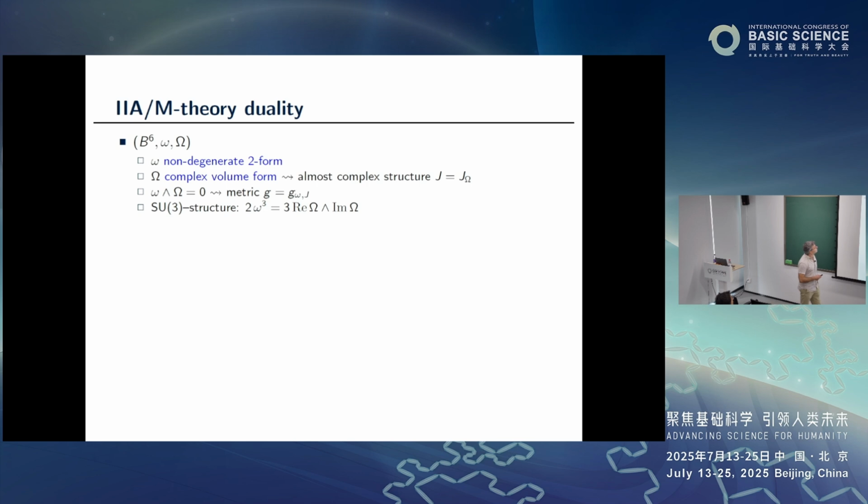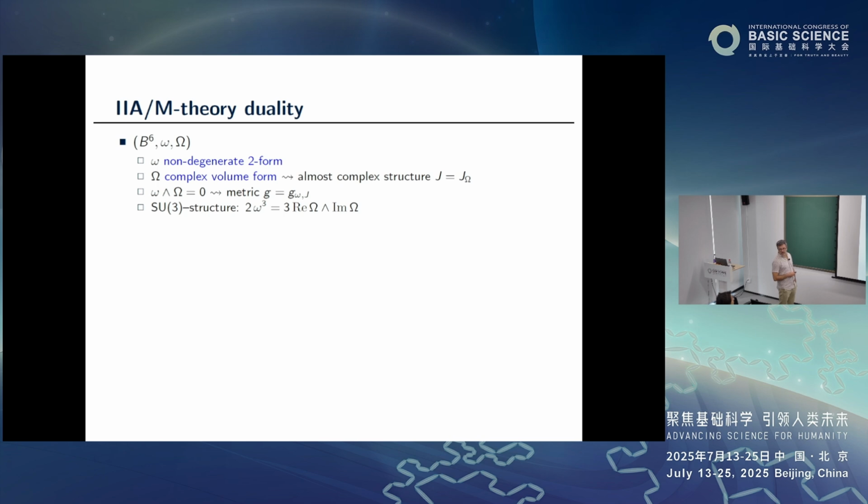So, this fact that certain solutions of type 2A have an M theory uplift to G2 holonomy metrics. Recall we have a real six-dimensional manifold with an SU3 structure. For me, little omega is the non-degenerate 2-form, what was J in the previous talk.